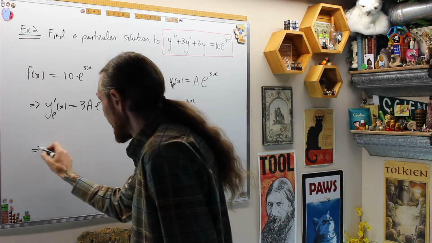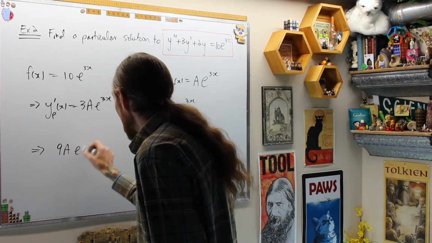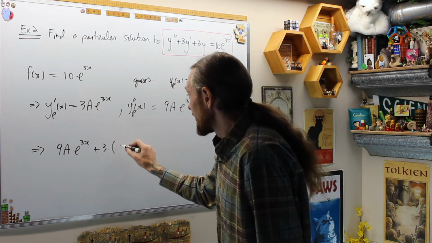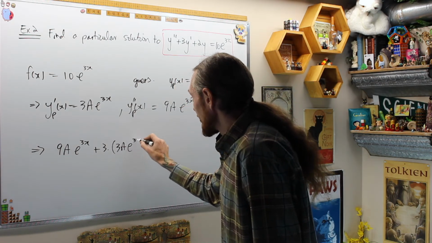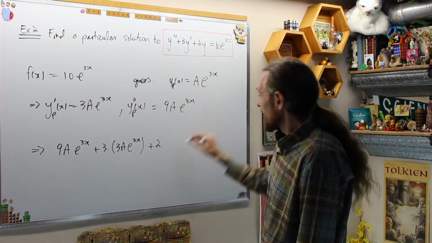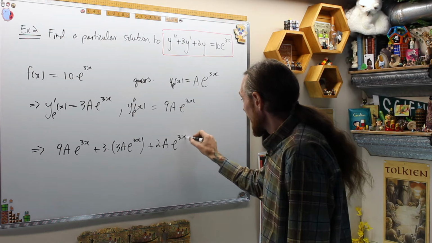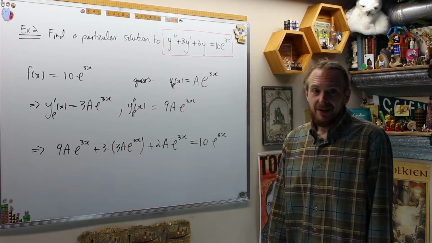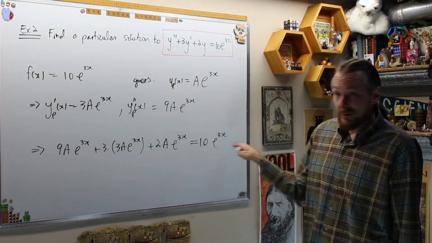That tells me that now 9a e to the 3x plus 3 times 3a e to the 3x plus 2 times y, which is just a e to the 3x, equals 10 e to the 3x. And now e to the 3x is never 0, so we can get rid of it on both sides.